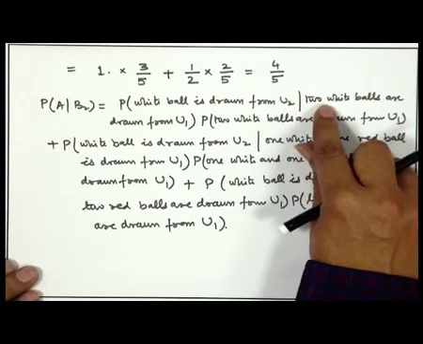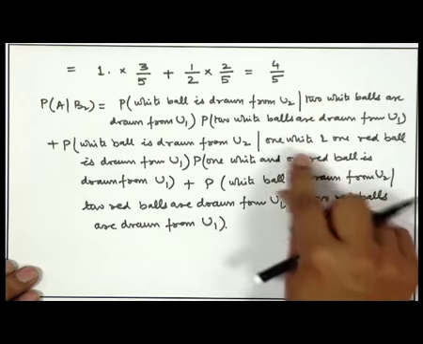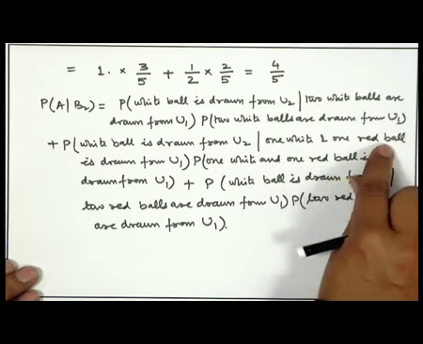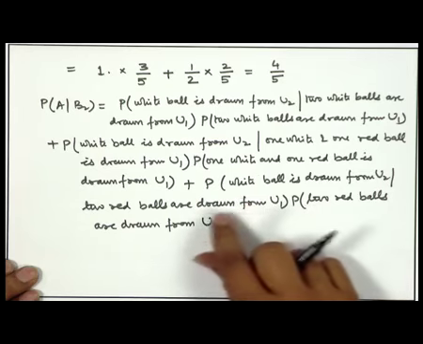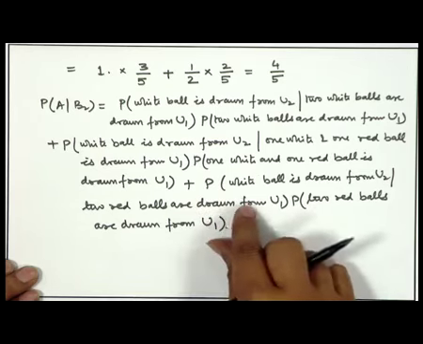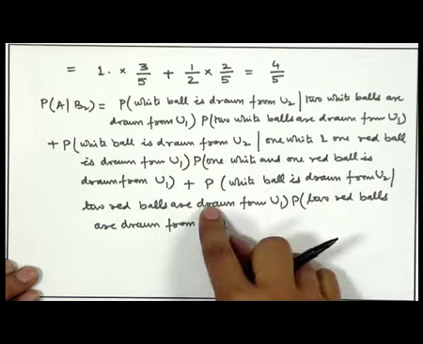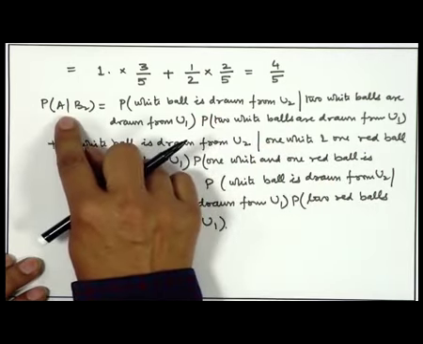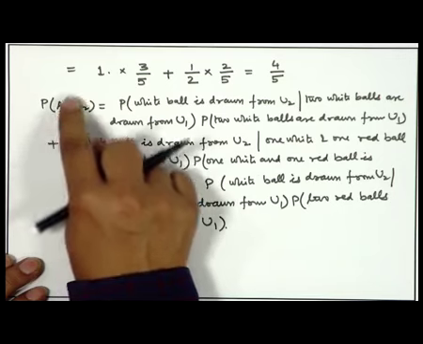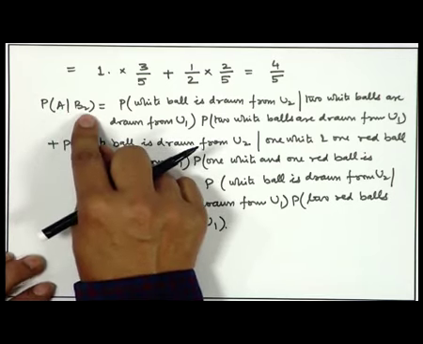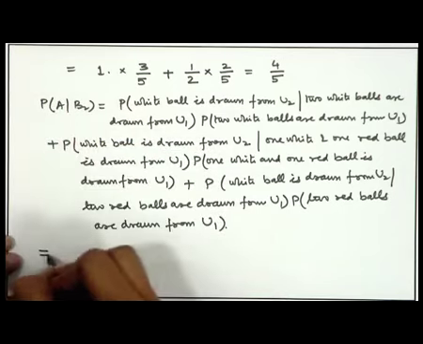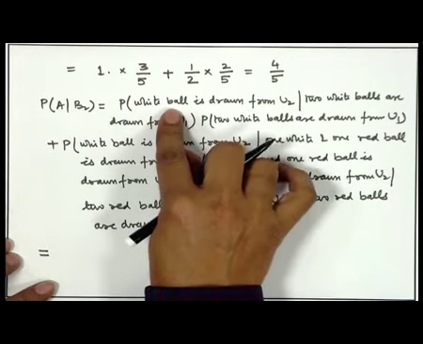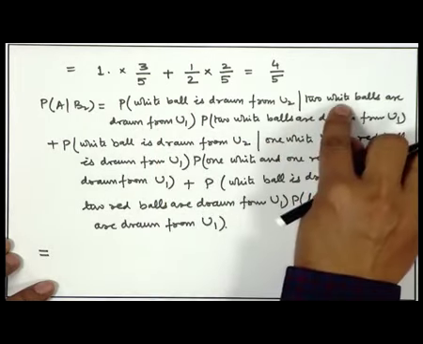Both the balls from U1 can be white, 1 ball can be white and 1 red, or both balls can be red. So, we have just applied the theorem of total probability for describing the probability that a white ball is drawn from U2 given that a tail is obtained. Now, we completely describe this by looking at these possibilities.